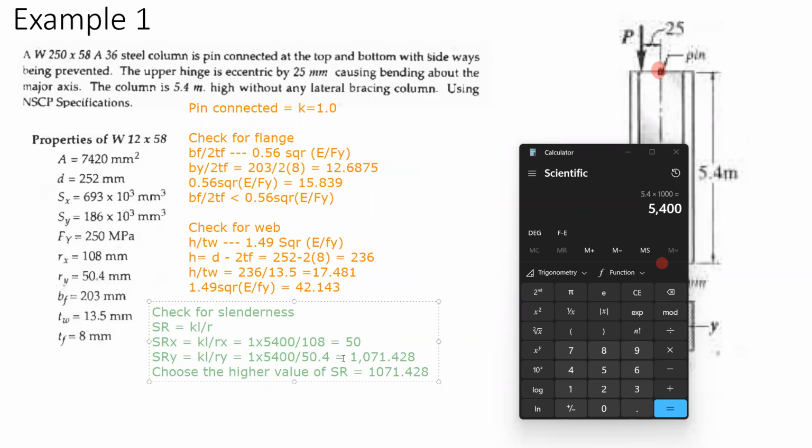So this should be 50 and this should be 107.143.